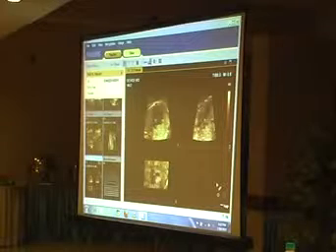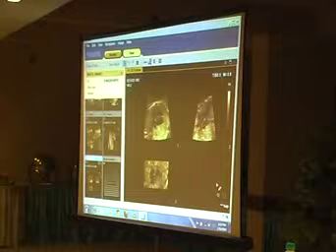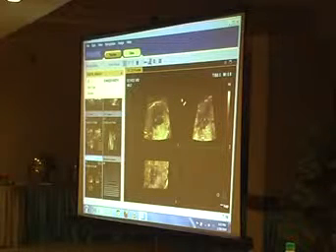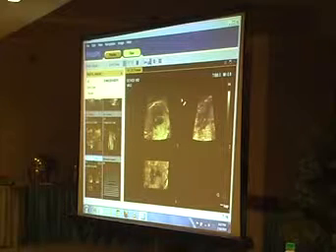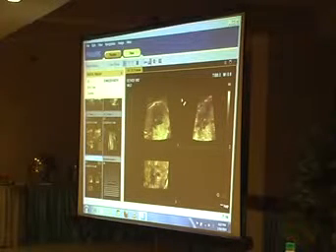This is the fetal heart taken with the matrix probe. The quality of the matrix probe is that it can do a 2D as well as a 3D and a 4D scan.